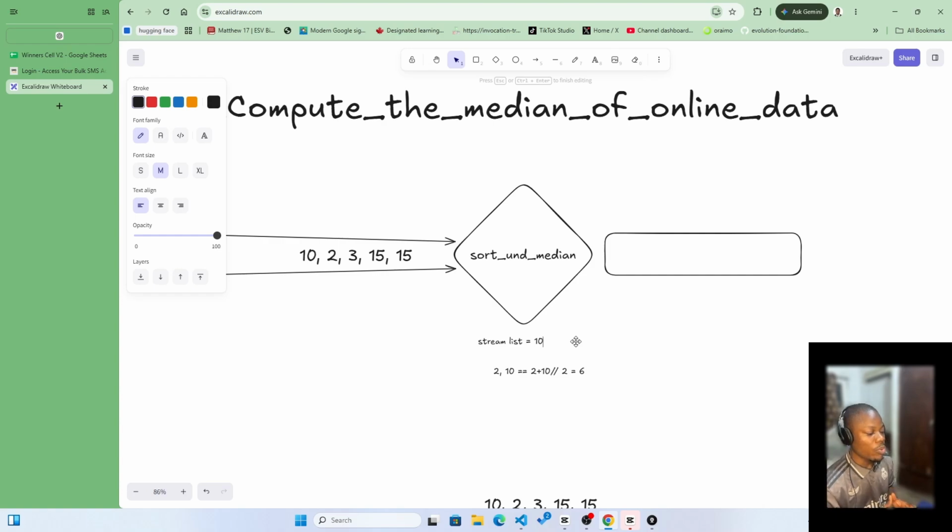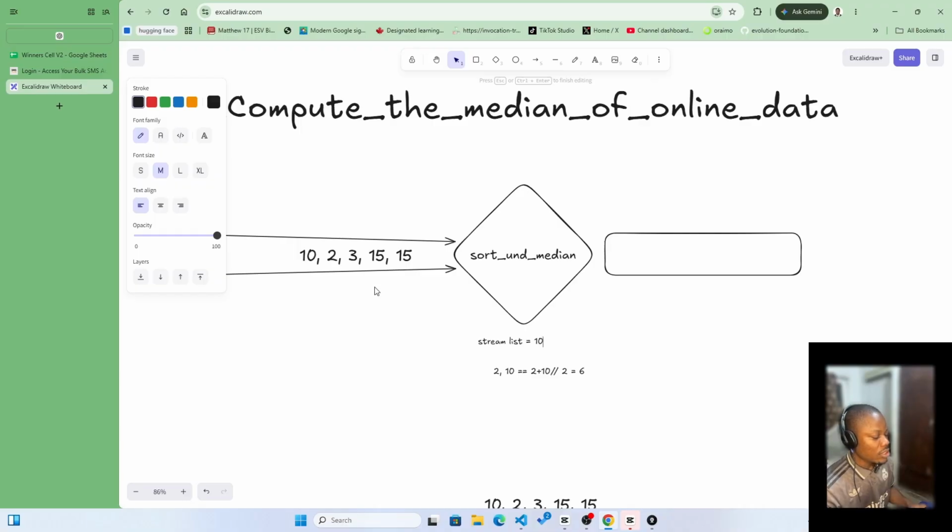Basically, we have an array of values coming into the system, and we've already established sort and median, a calculator that helps us sort the values and then return the median. We've also spoken about a stream list within the system that holds previous values and helps us calculate medians against them.